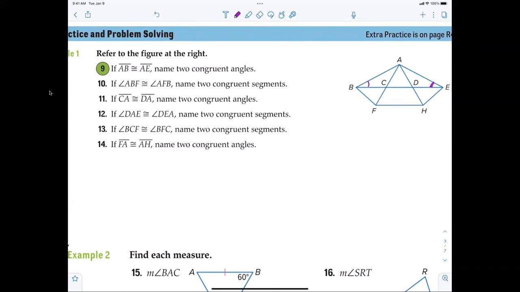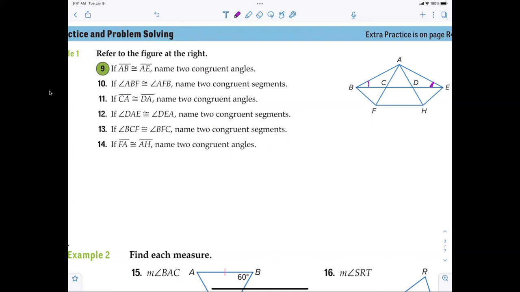Someone else get involved. If you haven't said something, I want someone else to say something. If angle ABF is congruent to angle AFB, name two congruent segments. AB and AF are congruent.